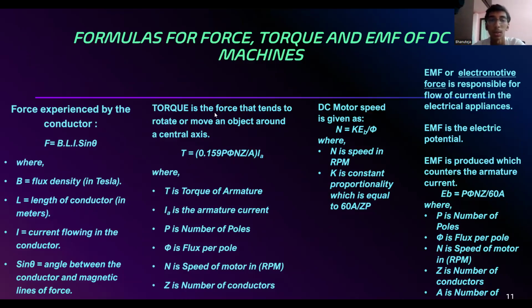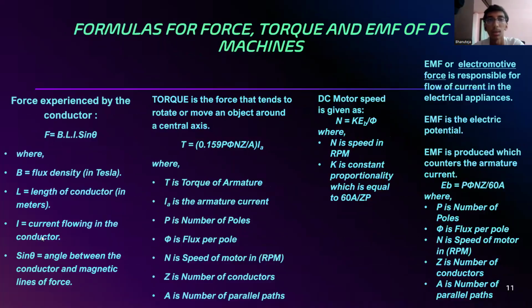Next we have the torque. Basically, torque is the force that tends to rotate or move an object around a central axis. It's given by T = 0.159 PφZ/A · Ia, where Ia is the armature current.